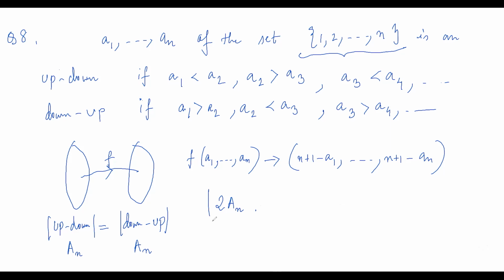And now using the definition of this an, we will try to make a recursive relation, and thus solve the problem. Now if you consider a permutation, that is an alternating sequence a1, a2, ..., an, since it's a permutation of the numbers from 1 to n, one of them will have to be equal to n. So let ak be equal to n.